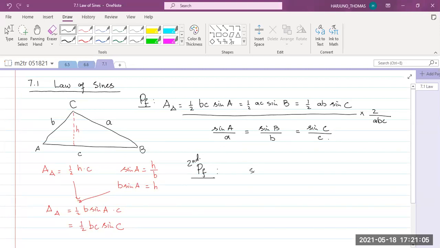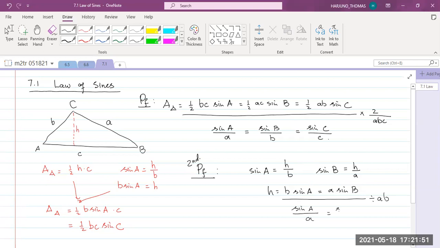Notice that sine A equals the height over B. At the same time, sine B equals the height over A. So the height is B times sine A. But at the same time, from the second ratio, the height is also A sine B. Now divide by AB, and that gives us what we need. That's the law of sines.